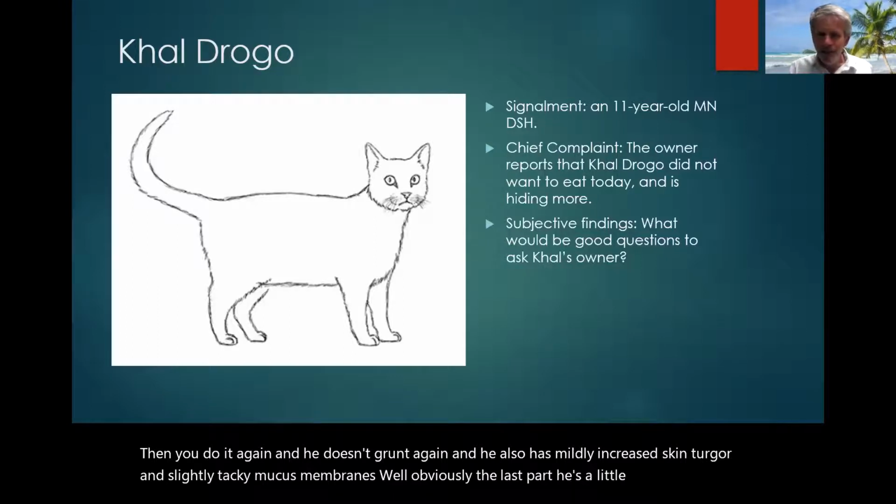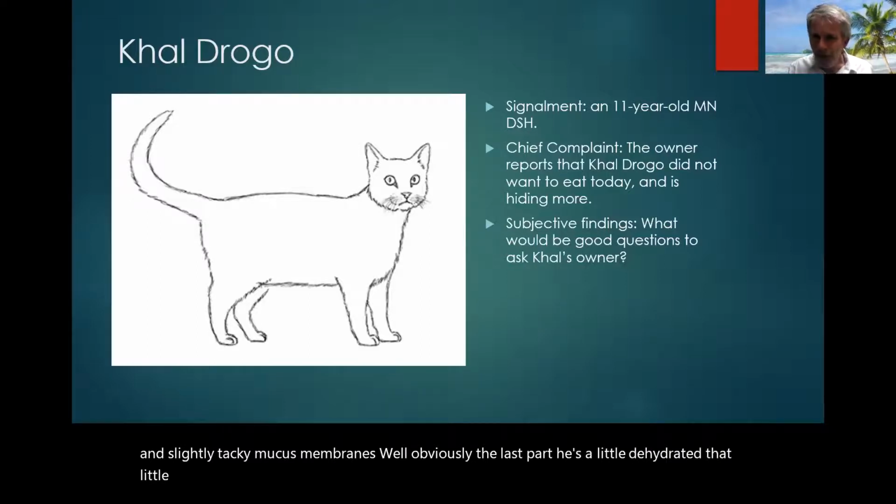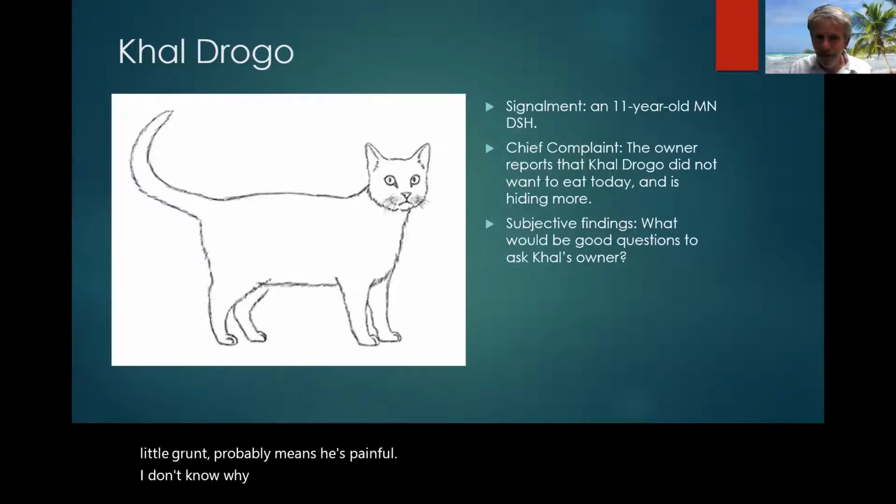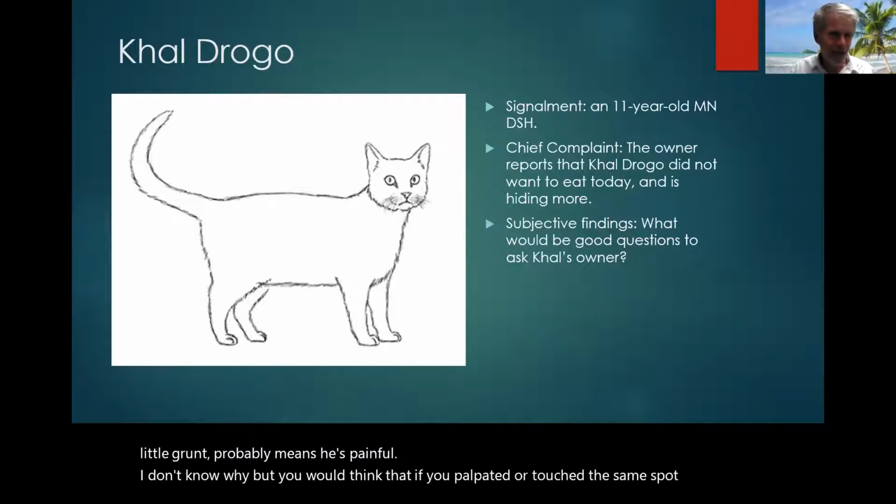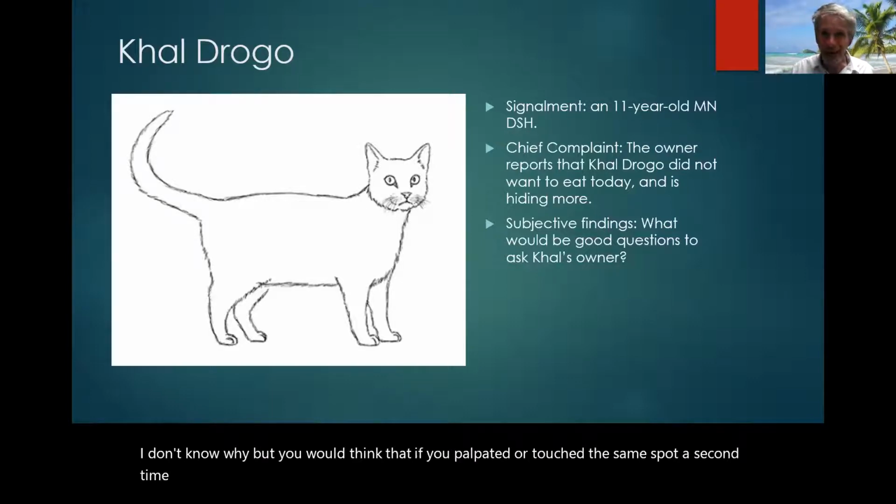That little grunt probably means he's painful. And I don't know why, but you would think that if you palpated or touched the same spot a second time, your patient would react the same way, but they don't.